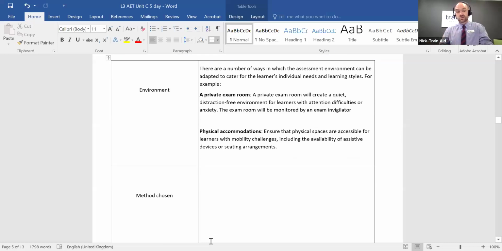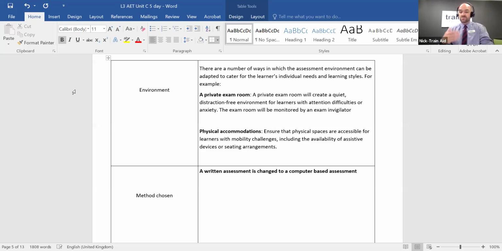So if I was to complete this assessment question, I'd write perhaps, a written assessment is changed to a computer-based assessment.